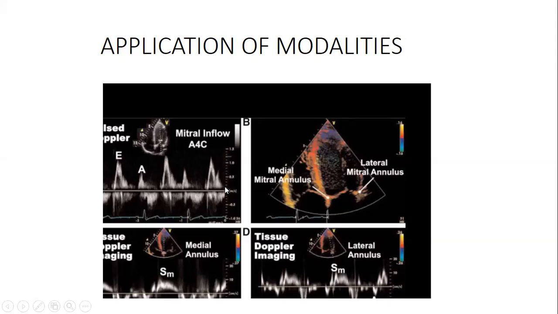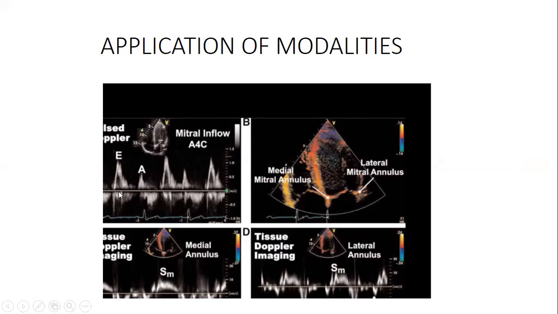So from here to there is the positive flow, and this is the negative flow. The maximum positive velocity, or positive Doppler shift, we can measure is around 1.2, from here coming up to here.